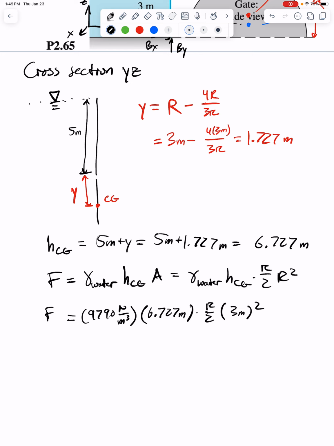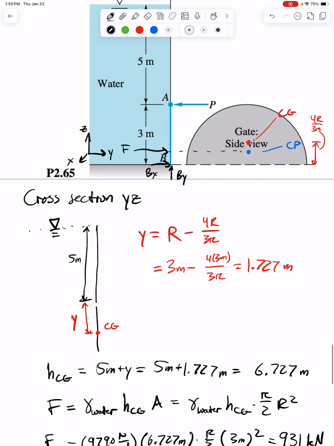Okay, so just plug in values, and that force value would give me 931,000 newtons. So that's the force being applied at the center of pressure, not the centroid.